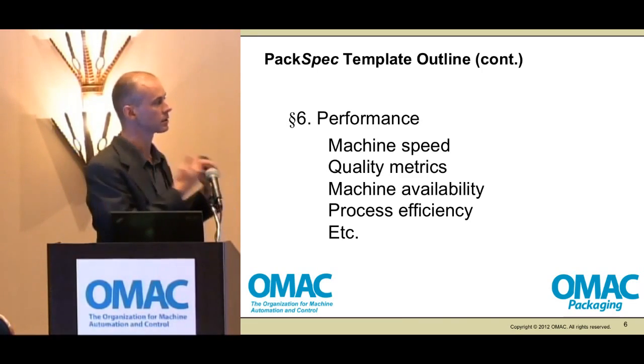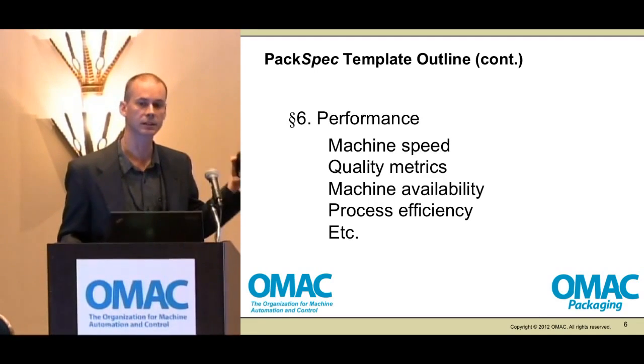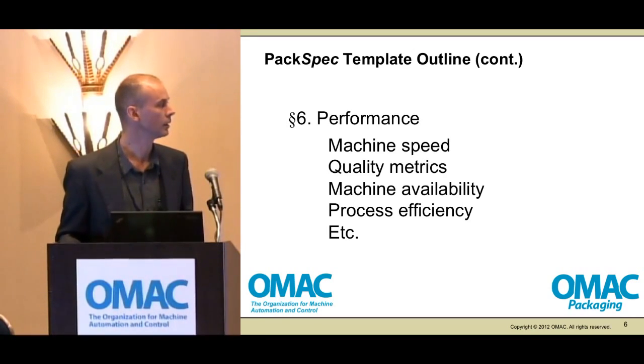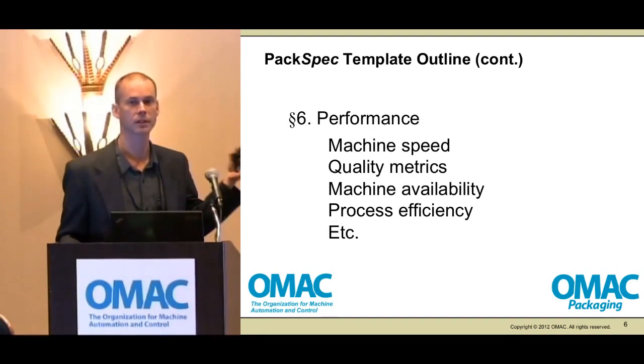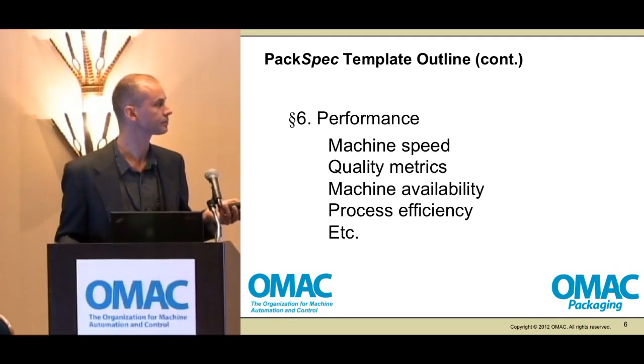We really want to start to introduce those metrics right away, up front in the user requirement specification. I think that will make the transition into the pack tag world that much simpler. Machine availability, process efficiency, this is really where so much of the pack tag information, this is really why we have so many of the pack tags that we do have.